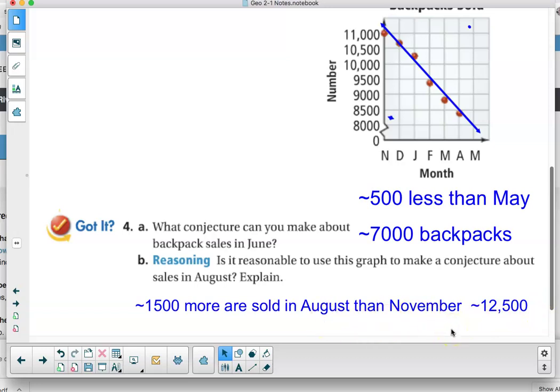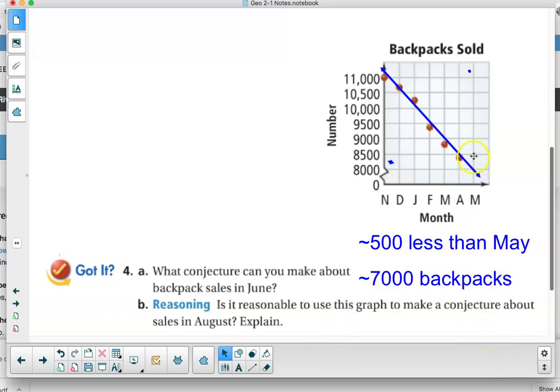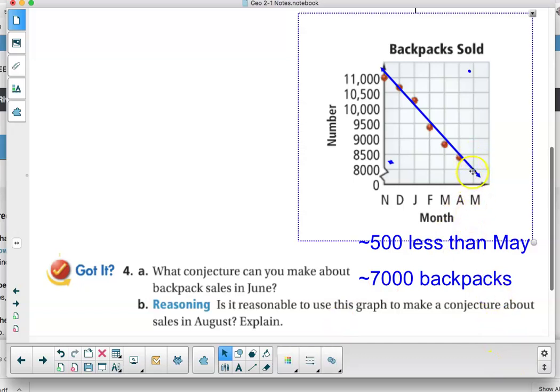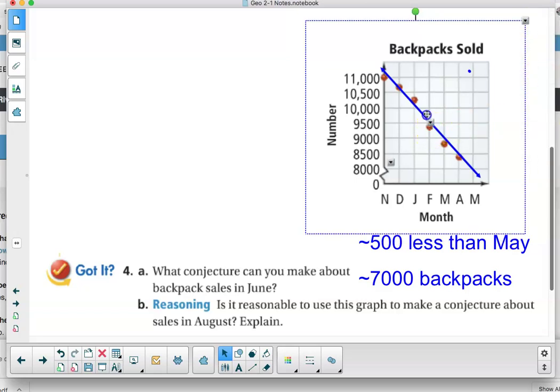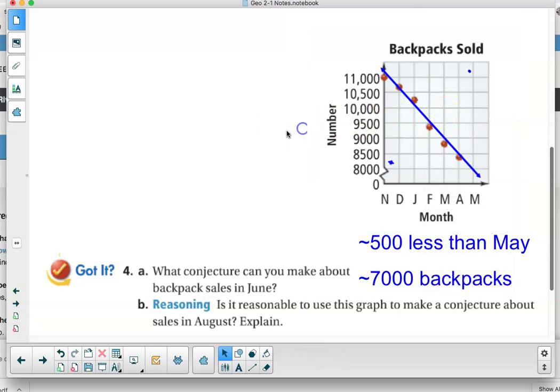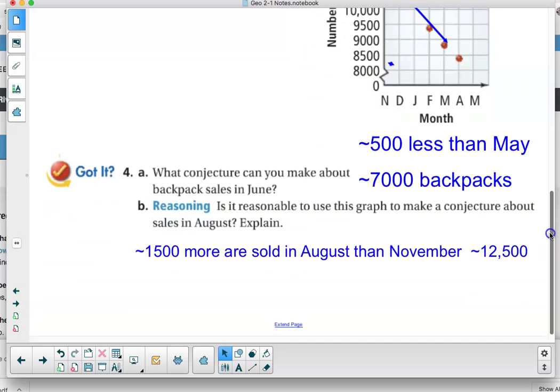Just based on my line trend, if I consider August way up here, and if I ungroup this, take my line and let it extend up, then if I move this back to August, there'd be a lot more backpacks sold, assuming it was a linear downward trend, about 12,500, okay?